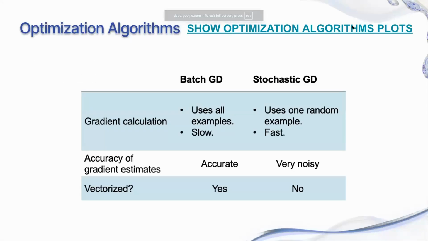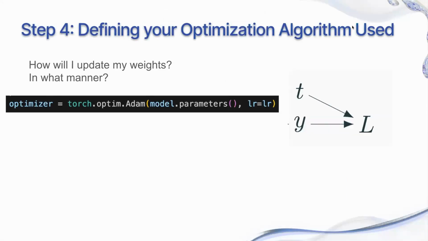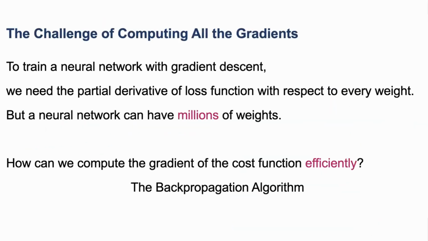All right, in code, you would define what your optimization algorithm would be. Since we want to use Adam, we would write torch.optim.Adam and whatnot. Now backprop.